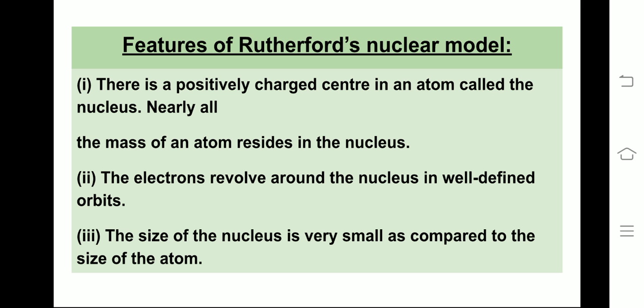The electrons revolve around the nucleus in well-defined orbits. And the size of the nucleus is very small compared to the size of the atom. As already mentioned, the radius of the nucleus is about 10^5 times smaller than the radius of the atom.